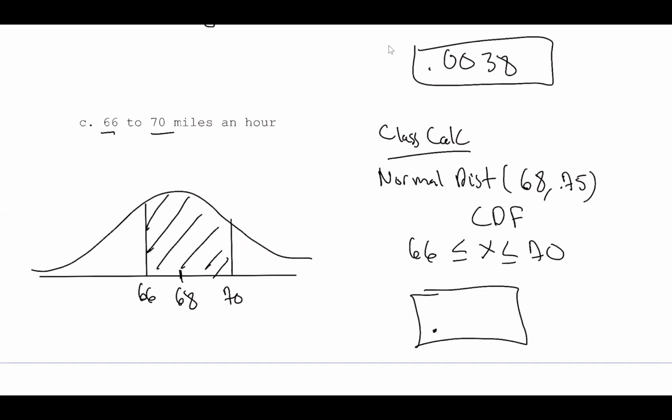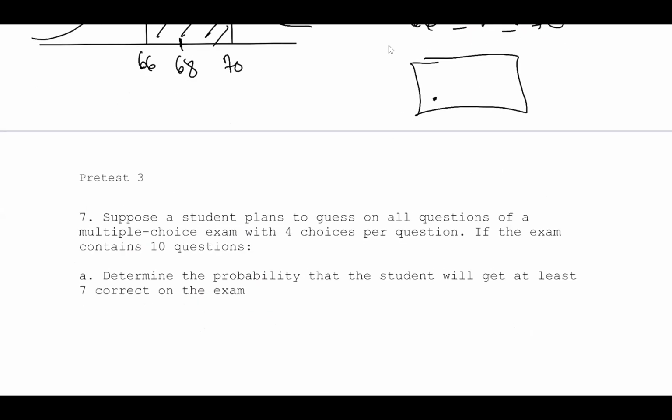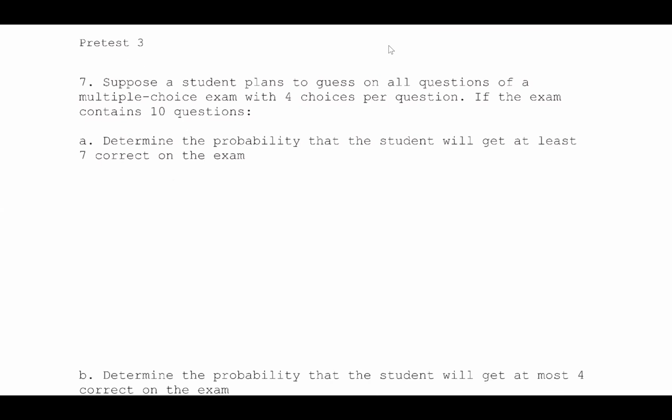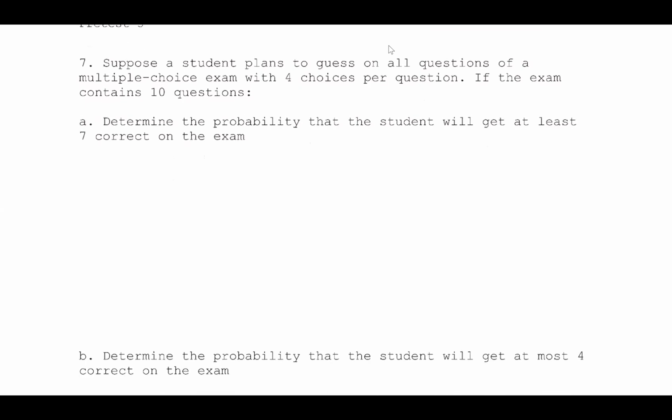But that's how you want to do part C. So for part C, the only thing that changes, since you want the middle, your lower bound will be 66, your upper bound will be 70. Any question on how to do C? All right, so let's do 7, and that will be it for today. And then we'll finish off the review tomorrow.